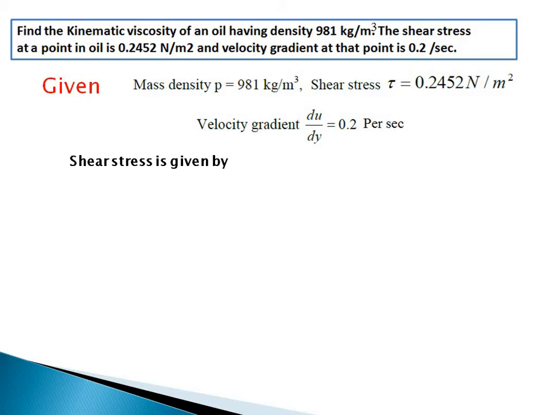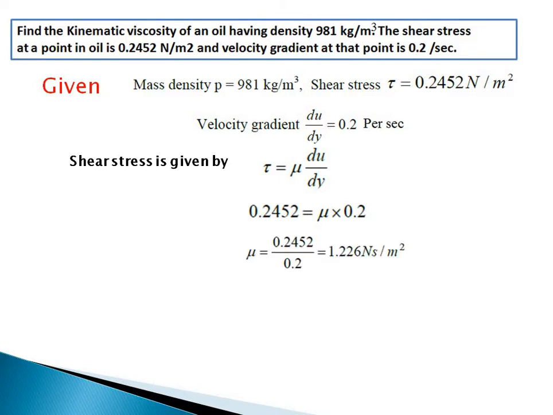Shear stress is tau equals mu into du by dy. From this formula, mu is equal to 0.2452 divided by 0.2. So viscosity here is equal to 1.226 Newton second per meter square.